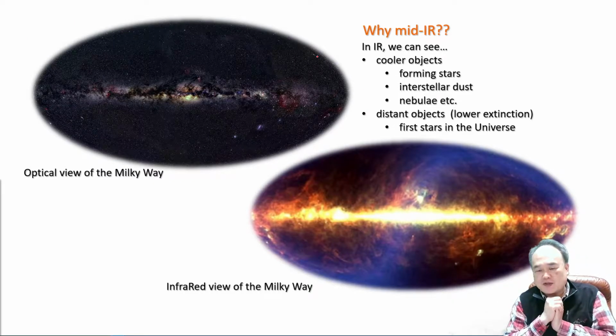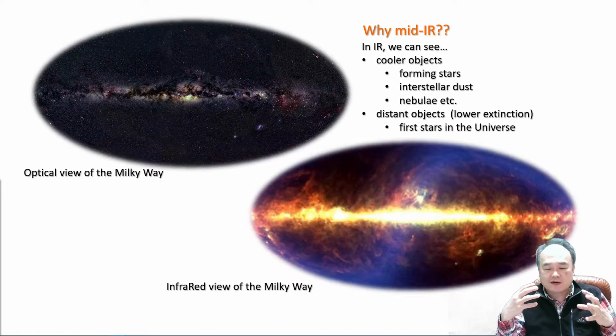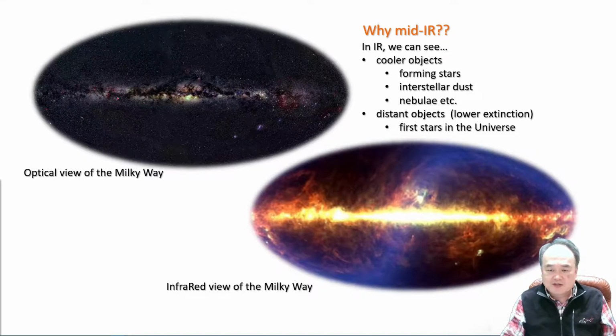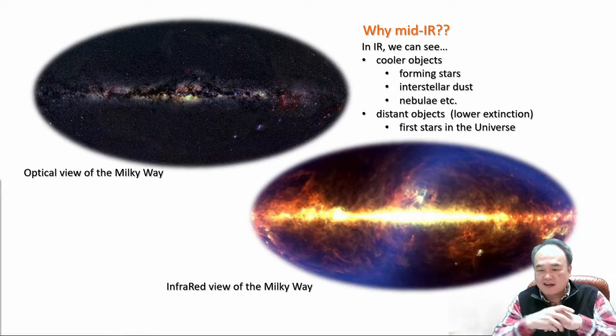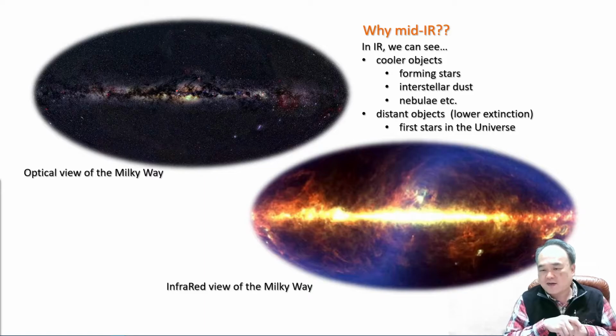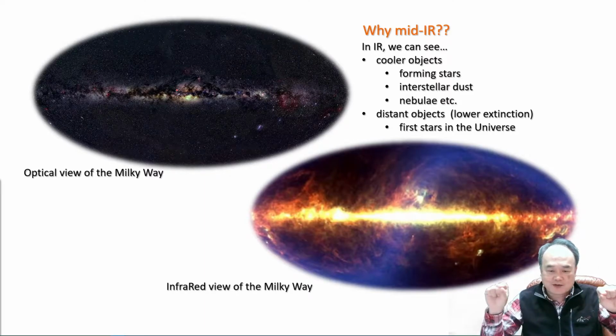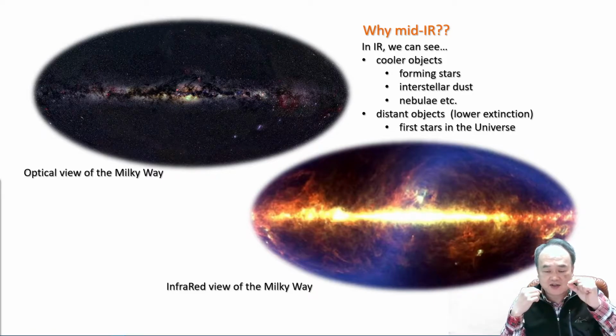On this upper left corner, the picture is the optical image of our Milky Way galaxy, and toward the galactic plane we can see dark veins. This dark blocking material is the layer of interstellar cloud, and interstellar cloud contains lots of dust.